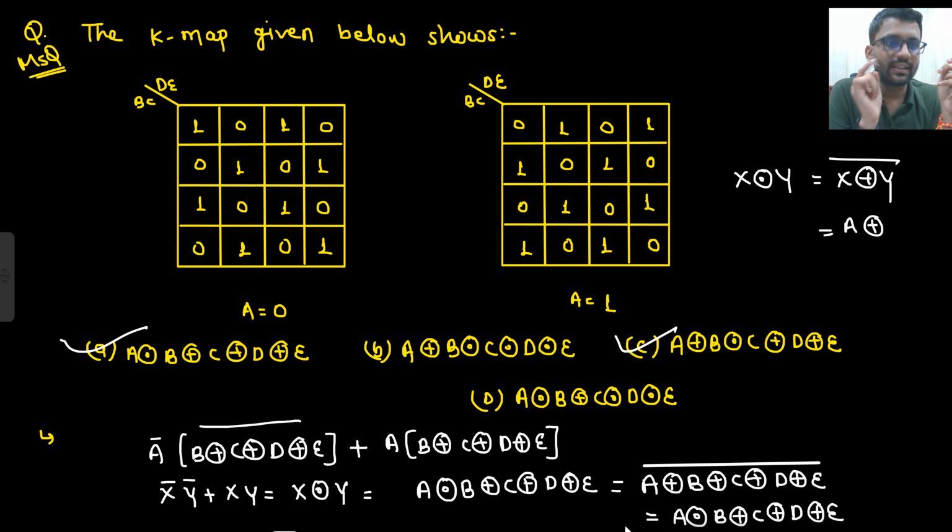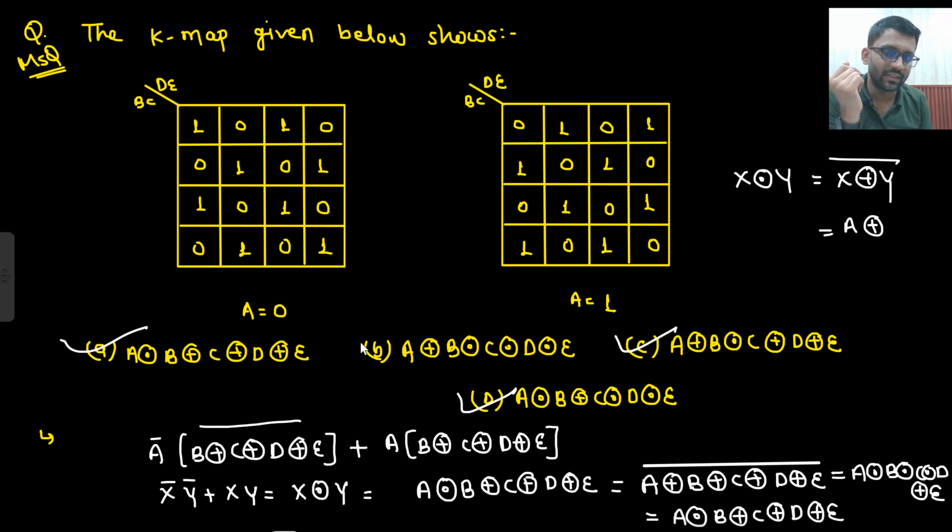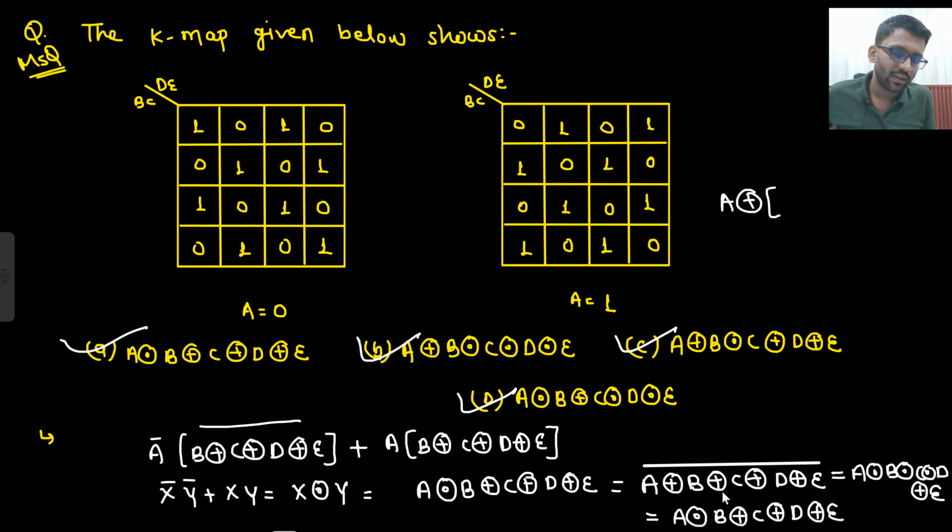Along with that, what other thing can happen? That all the plus will be replaced with dot and one of them will be plus. This can also happen, that all of them will be replaced with dot and only one of them will be plus, and then this plus will keep on moving. So this plus is moving here, this plus is moving here. So all of them will be replaced with dot. How I am doing so, you can prove it on your own, right? What I am doing, A XOR B, and then whole bar I am taking on this one, B XOR C XOR D XOR E. So what is the bar of this?